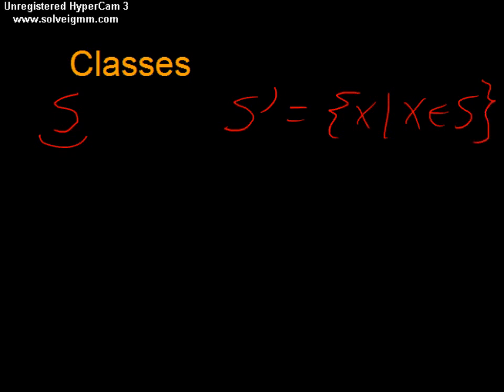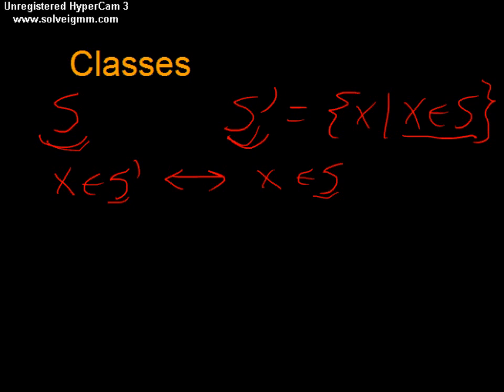Now, note that x is an element of S prime exactly when this formula is satisfied: x is an element of S. So in some sense, the class S prime and the set S have the same elements. This means that we will not distinguish the class S prime and the set S. So we will say actually that S prime is an actual set.